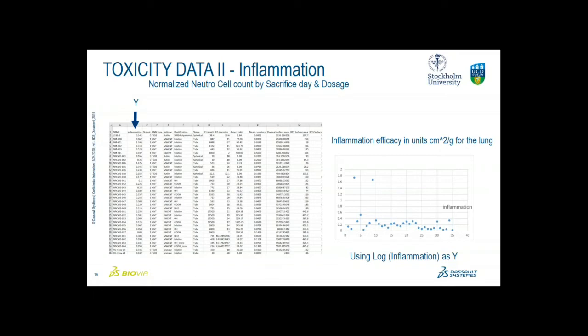Here is a normalization considering the experimental setup, such as dosage and sacrifice day. So the data is a bit more homogeneous. We still have two points that behave a bit differently, two responses a bit different. So again, in order to renormalize that data, we use the log of the inflammation response.